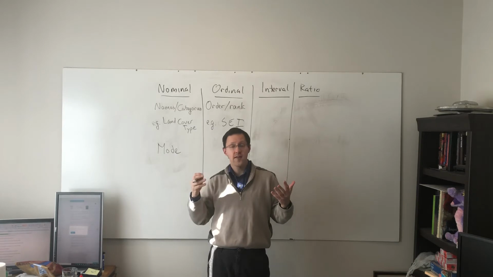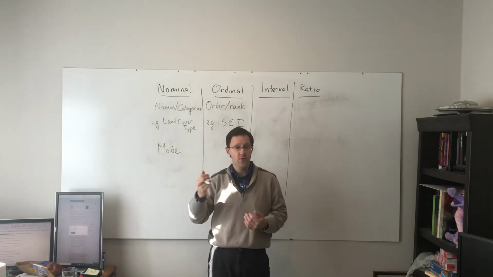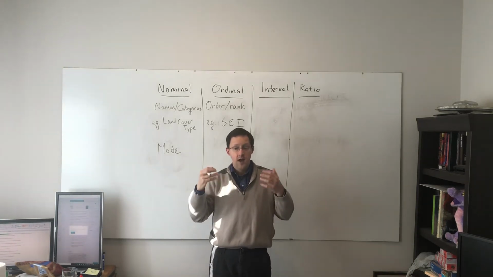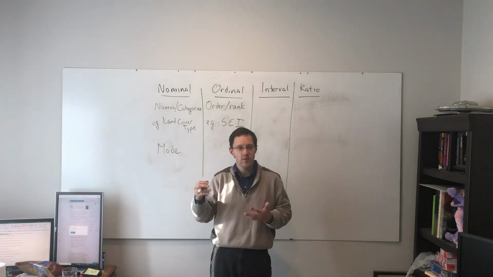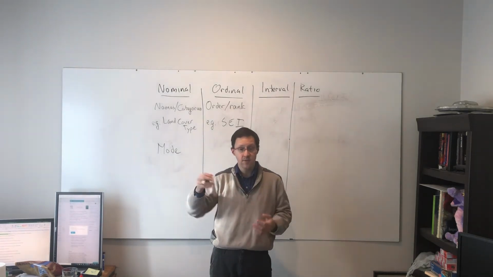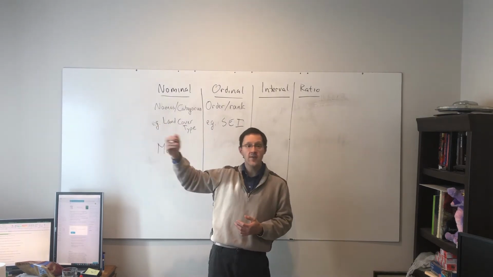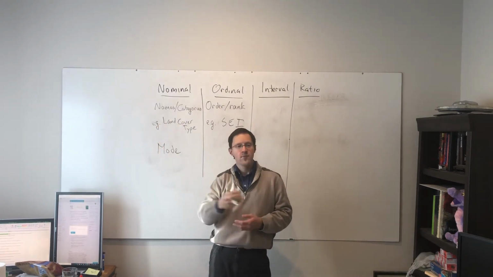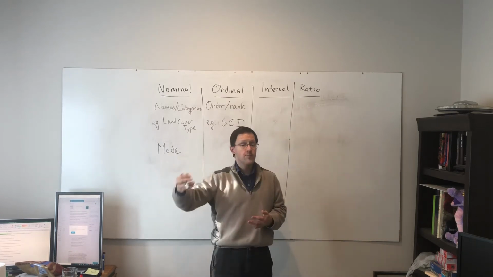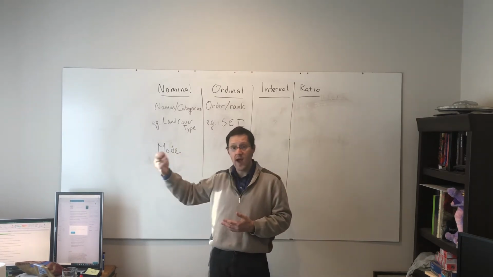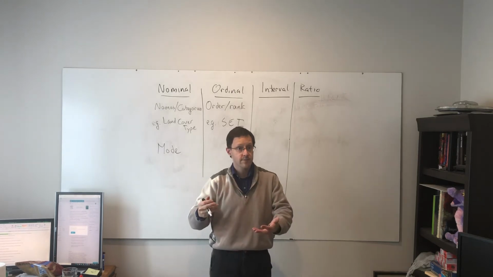They do get turned into numbers, 5, 4, 3, 2, 1. However, those numbers are only encoding that order, or that ranking, of excellent being the highest at 5. We can still do the mode and say more people rated this instructor excellent than any other rating.